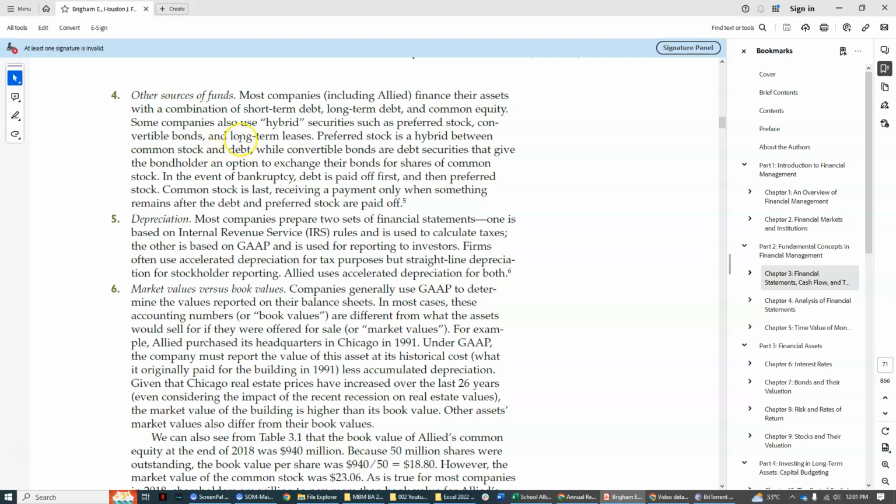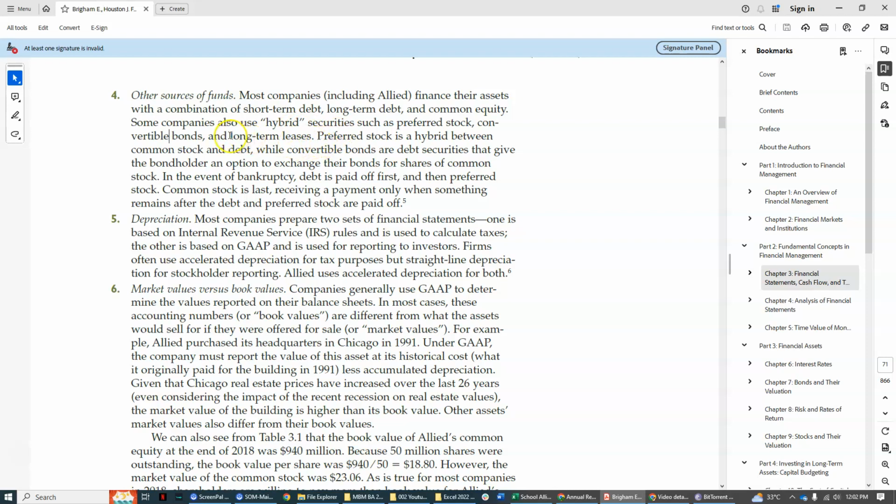Long-term leases. This is also another financing. Instead of acquiring long-term assets like a plant, you are going to lease them on a long-term basis, like in the next 20 years or 30 years. It will make the lessee, the one who rents the property, in substance an owner because it is a long-term lease.